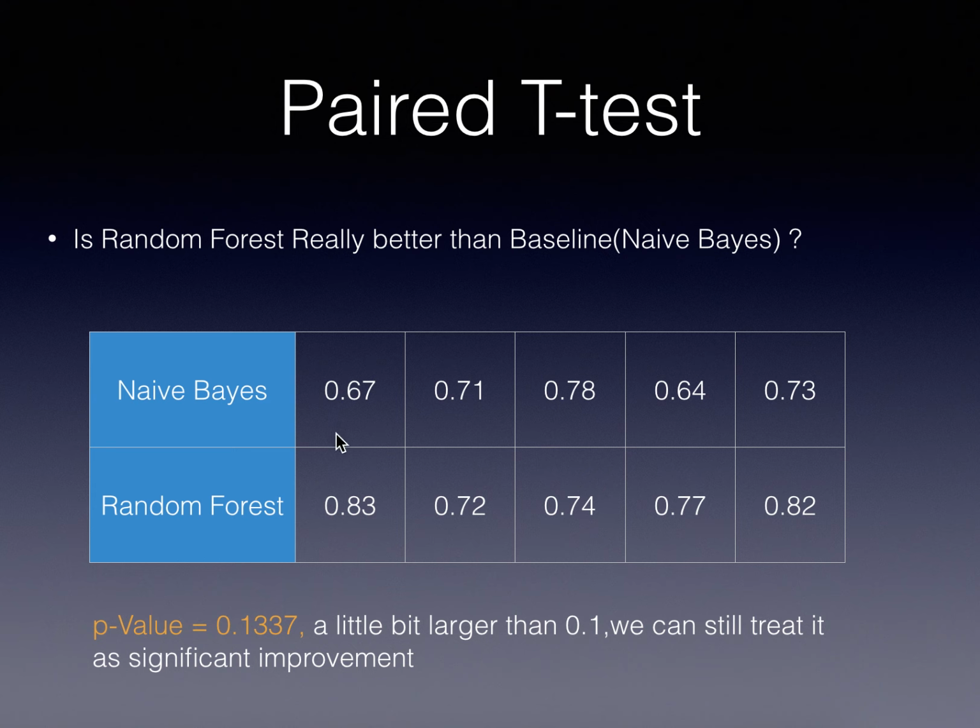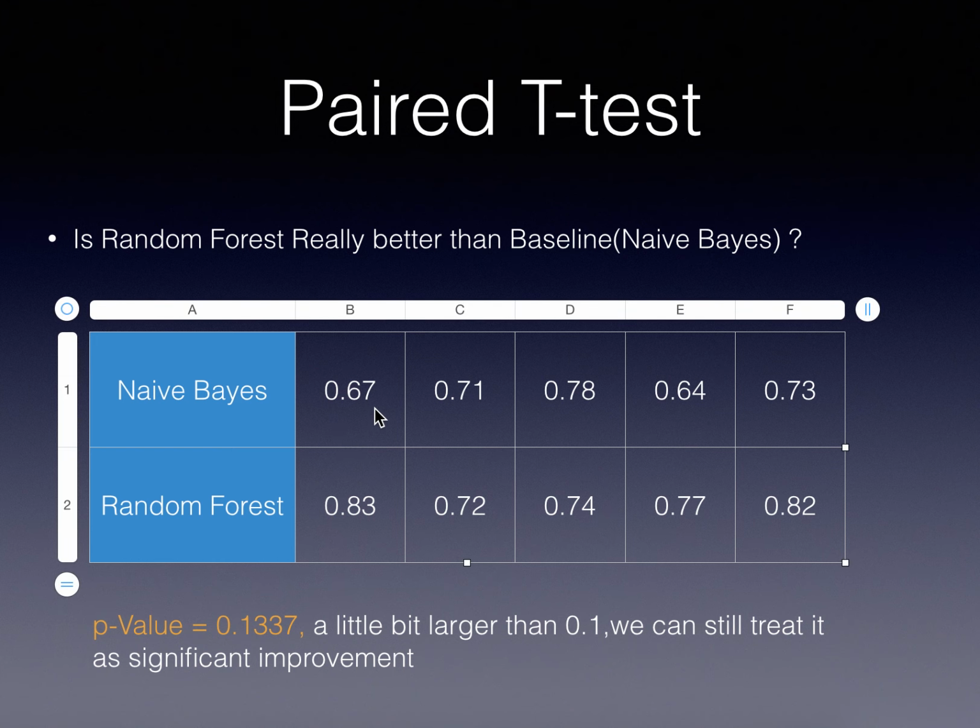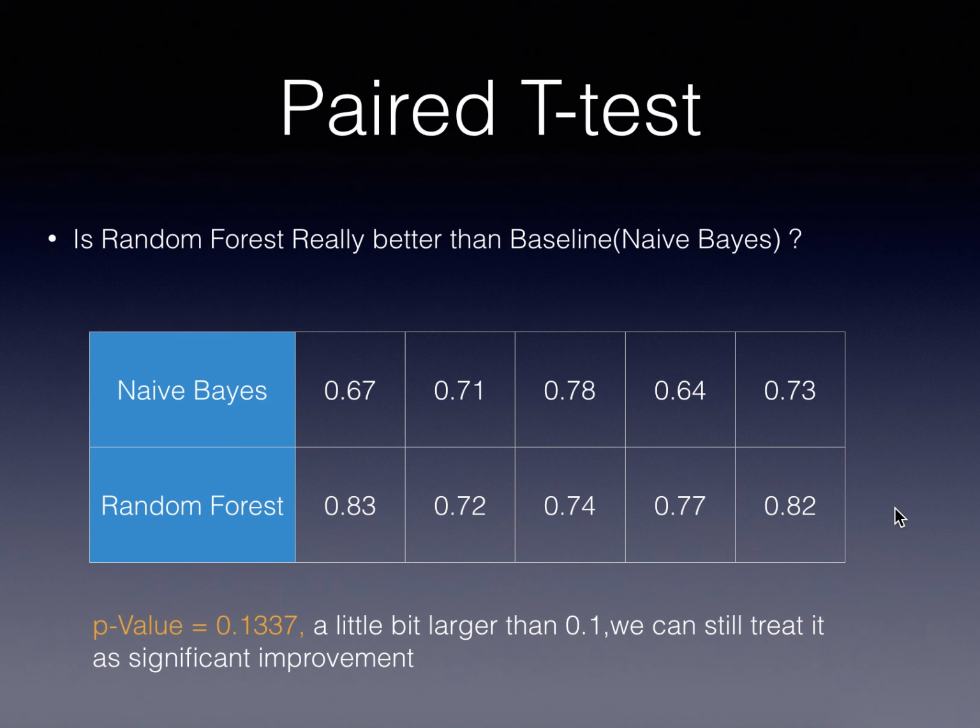So here I get 5 performances. This is the first, I train on the first subset and test on the first subset of the test data. And this is the second, the third, and this is the accuracy actually of the AEBS algorithm. And here in the second row, I show the accuracy of the 5 folds on the random forest algorithm. And then I do a paired t-test, and I got a p-value of about 0.113.